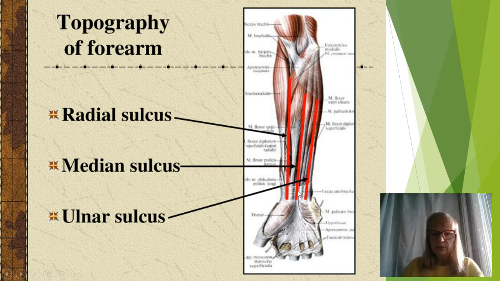Next, we have the median sulcus, without another name, and the medial or ulnar groove. Here you see exactly the radial, median, and ulnar sulcus. The radial and ulnar have other names because of position. This one is more lateral, this one more medial.